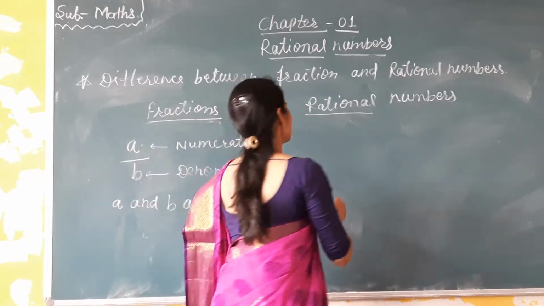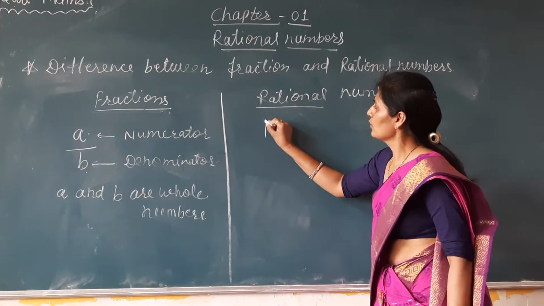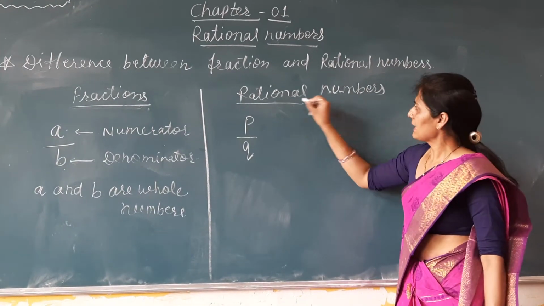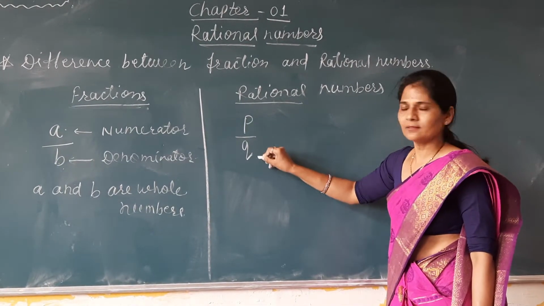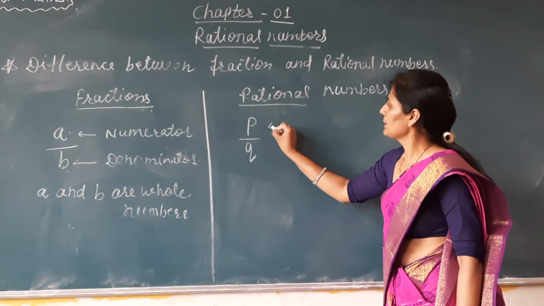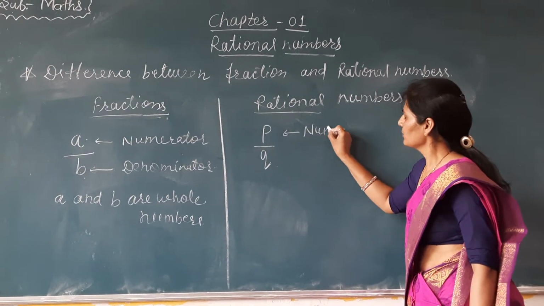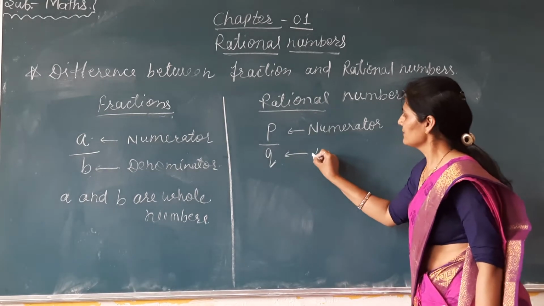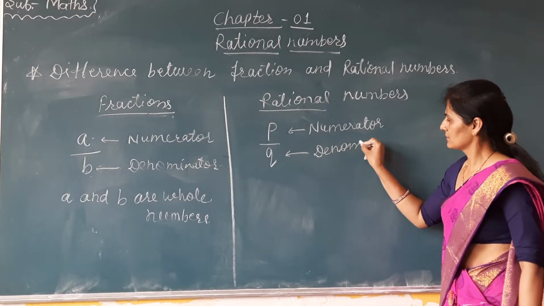Similarly, rational numbers are also in the form of p upon q. Here p is in numerator and q is in denominator.